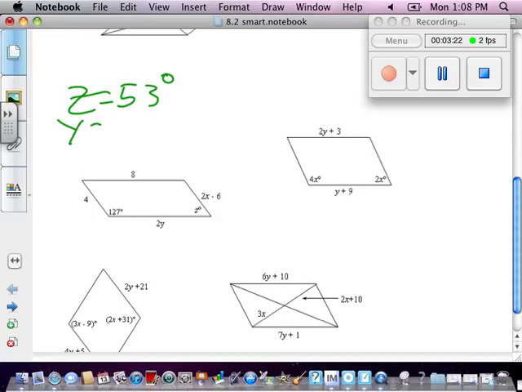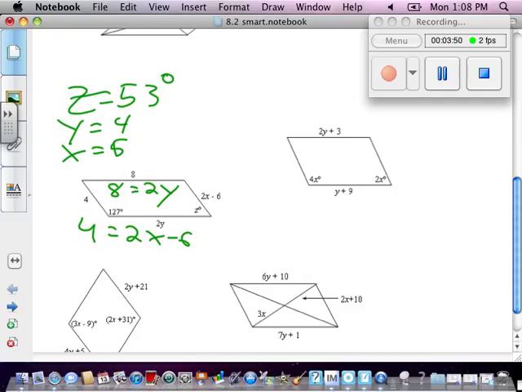Because we'd have to go 8 equals 2 times y and solve for y, because those sides have to be congruent to each other. Write down what I'm reading. X is 5. Because 4 equals 2x minus 6. Add 6 to both sides, you get 10. 10 divided by 2 is?